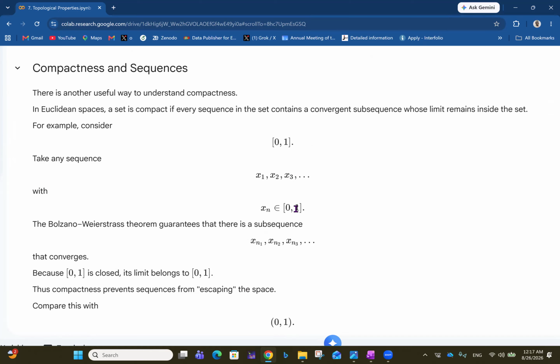With each xn belonging to [0, 1], the Bolzano-Weierstrass theorem guarantees that there is a subsequence x_n1, x_n2, x_n3 that converges. Because [0, 1] is closed, its limit definitely belongs to [0, 1]. Thus, compactness prevents sequences from escaping the space. For something to be compact, the space it provides cannot be escaped.